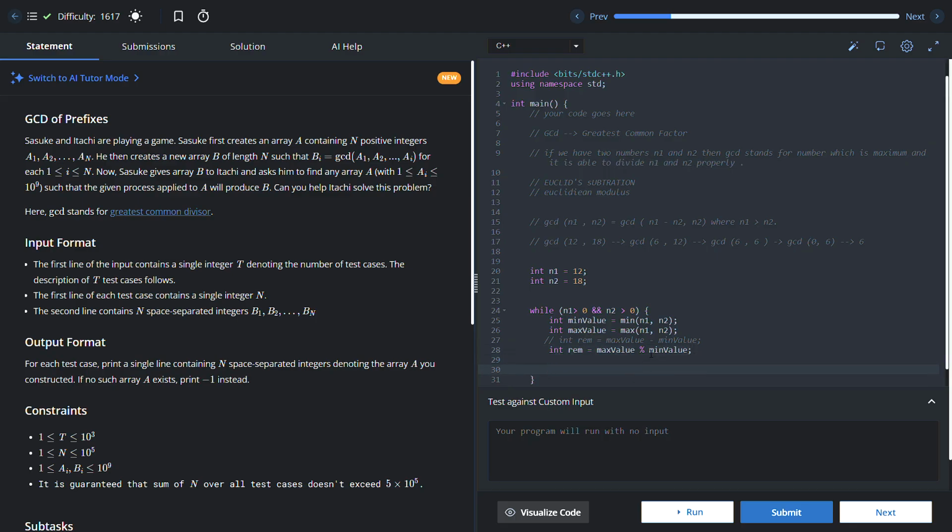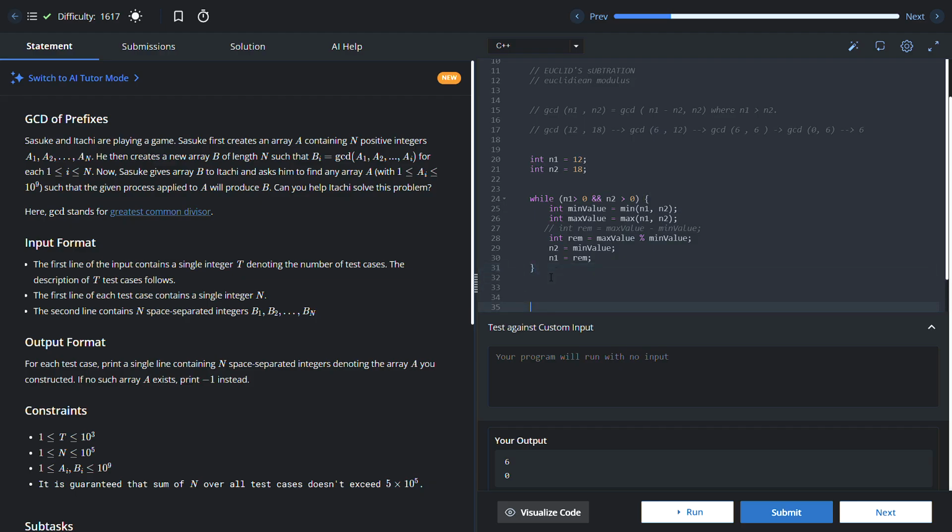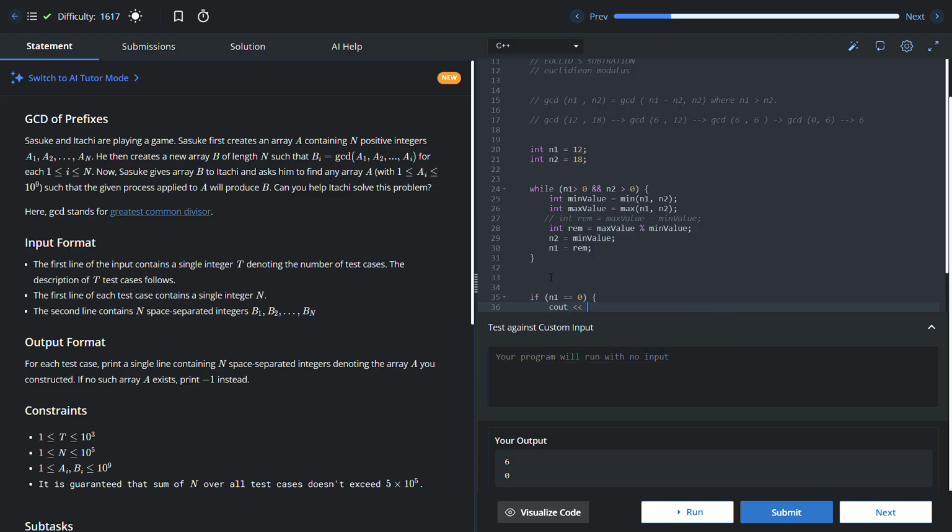Now we have to swap: n2 is replaced with the minimum number, and n1 is replaced with this remainder. After this loop, we check if n1 is equal to 0, then we print n2.